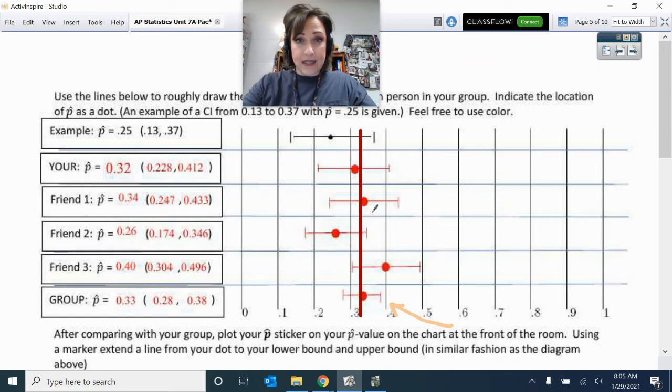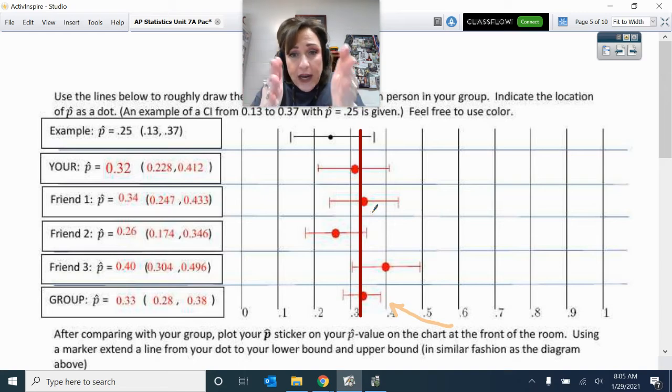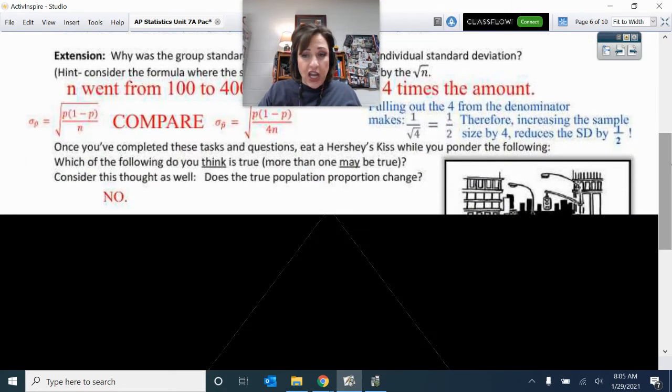I don't know what it is, but it's there. It does not change. All these intervals around it are varying because of sampling variability, but that line doesn't change. That true population proportion does not change.